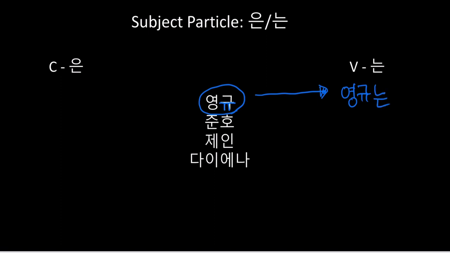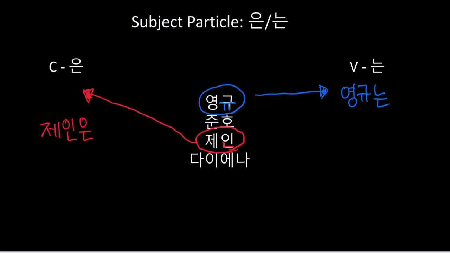However, if a subject ends in a consonant, we're going to use the subject particle 은. So we're going to say 제인은 in our sentence.